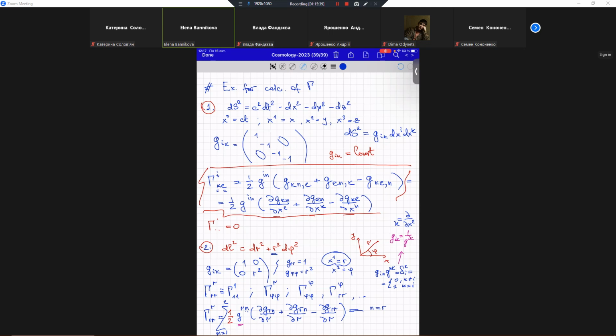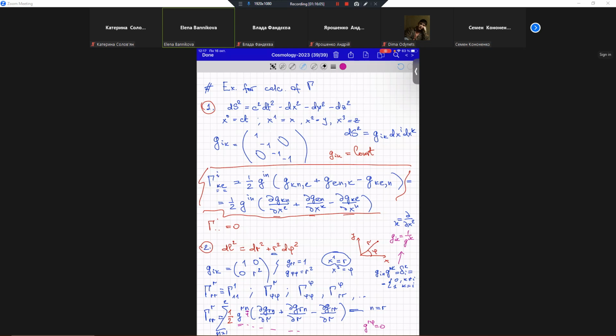Why? Because if you put here the index phi, G_r-phi equals 0, and since this is the multiplier, it will be 0. For your homework, you can repeat it in a much more careful way, but now, to be in time, I would like to do it more quickly.